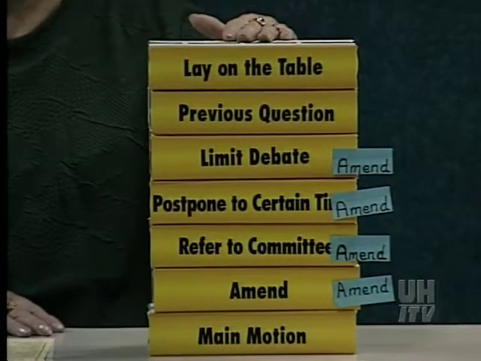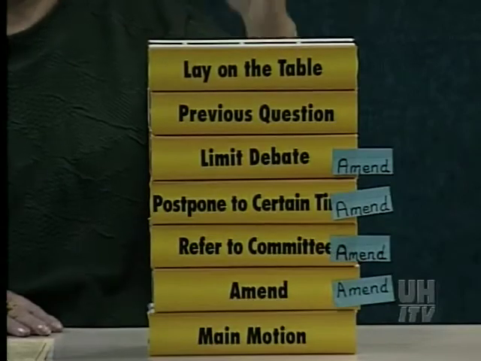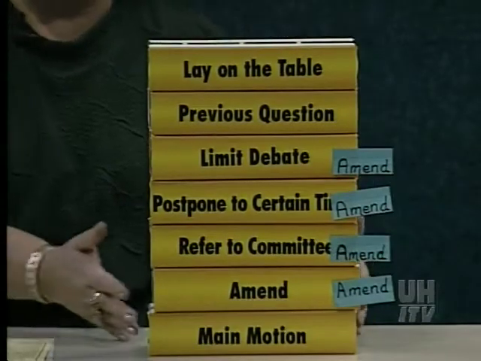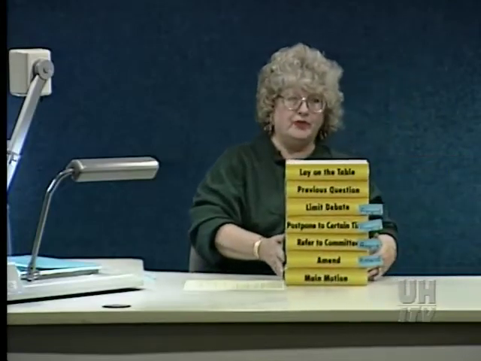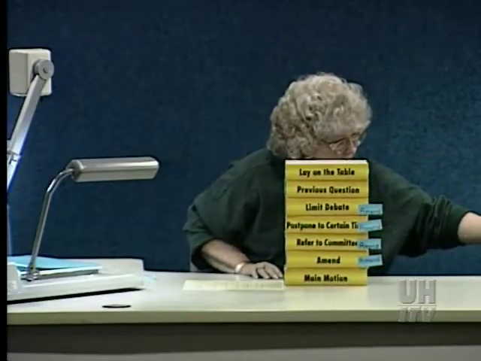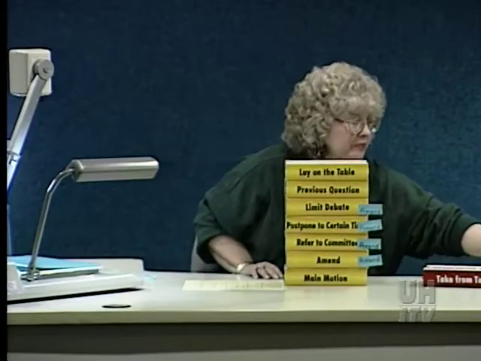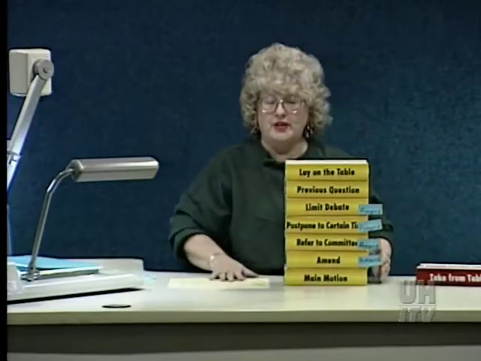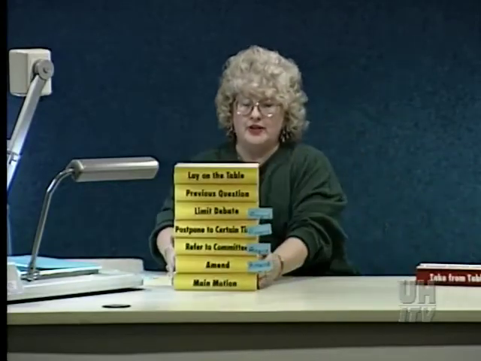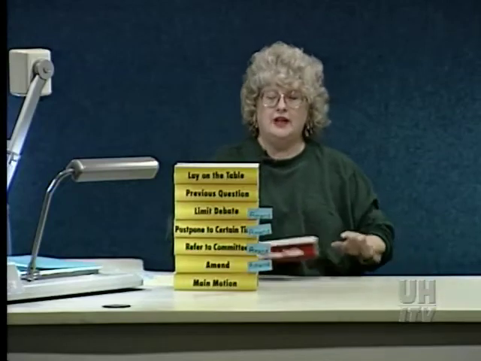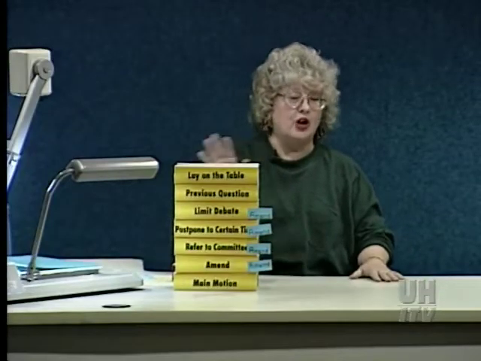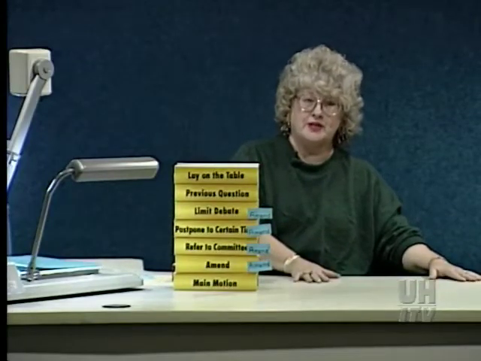So it's been moved and seconded to lay this motion on the table. All those in favor say aye, those opposed no. The ayes have it, the matter's tabled. Then the whole thing goes to the table. Now, if we table all of this, the floor is open for new business.